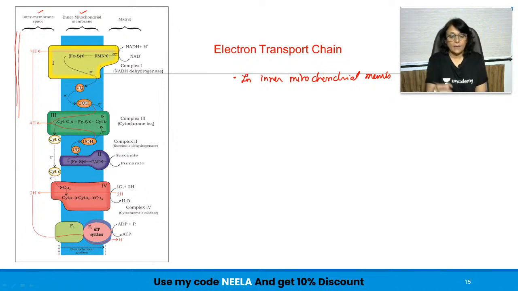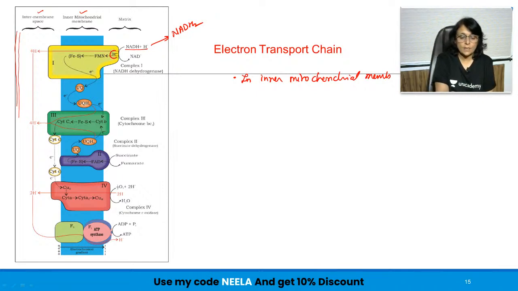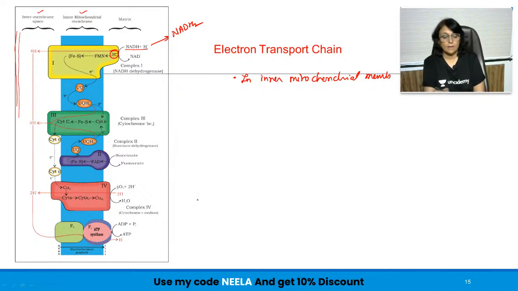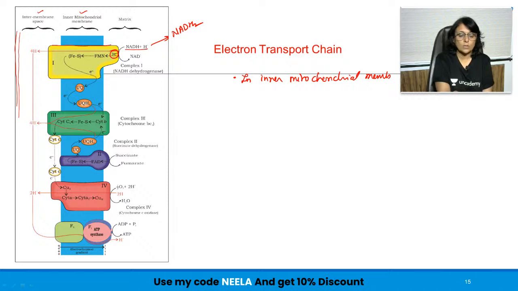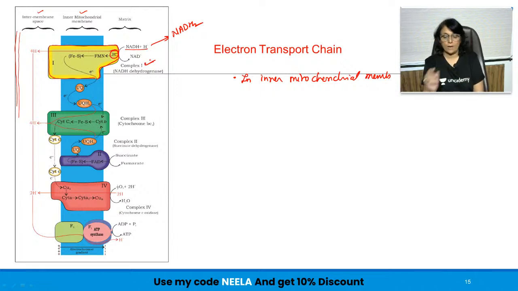Now here NADH is dissociating. We can write it as NADH plus, or we can also write it as NADH2, both are correct. And see, this electron pair is released. This whole thing given here in this box is called a complex, and we name it complex 1.